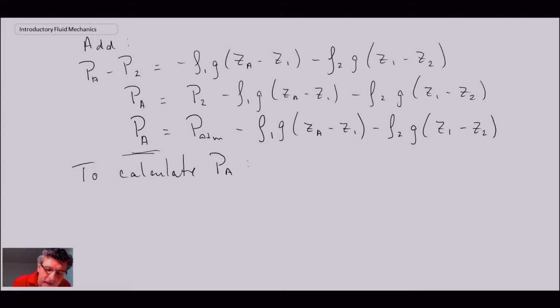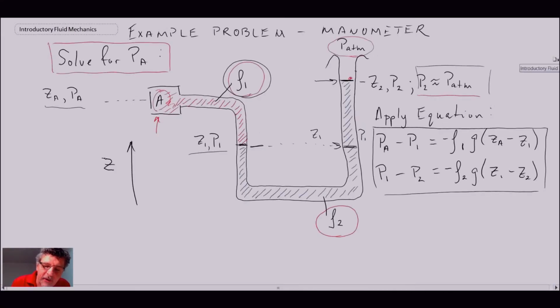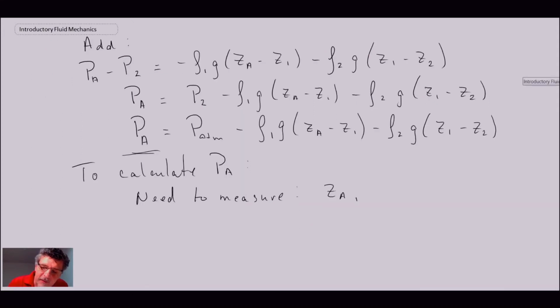in order to calculate PA, we need to measure the following. We need to know ZA, and that would come out of the convention by which the manometer is designed. Given the geometry of this manometer, we would know ZA exactly. So that comes from there. And then the other things that we need to measure are interfaces Z1 and Z2.